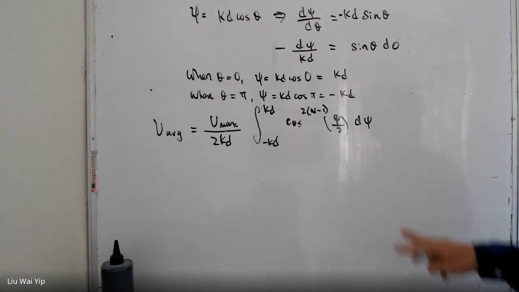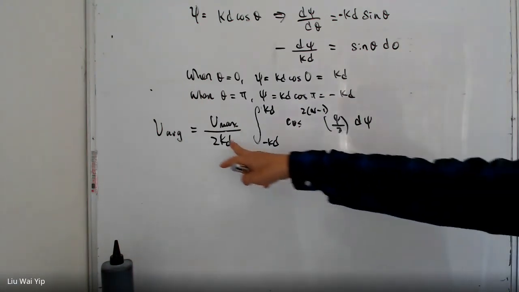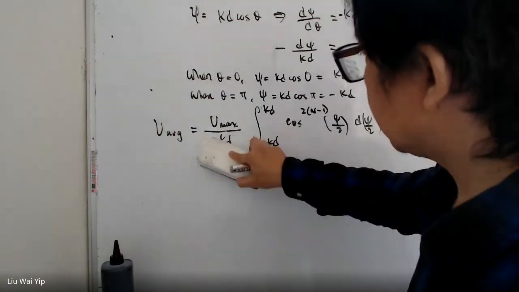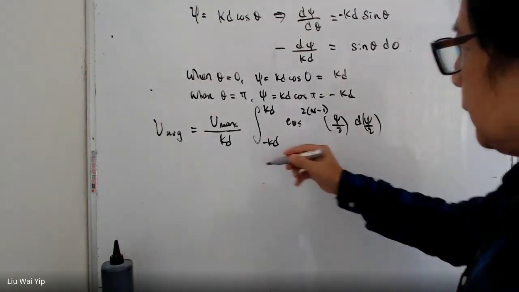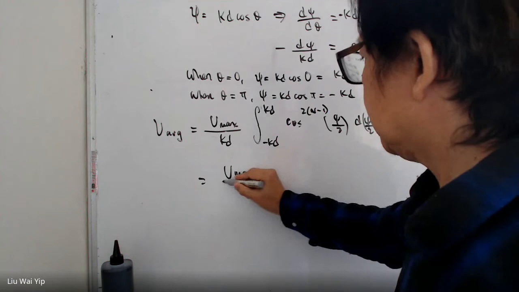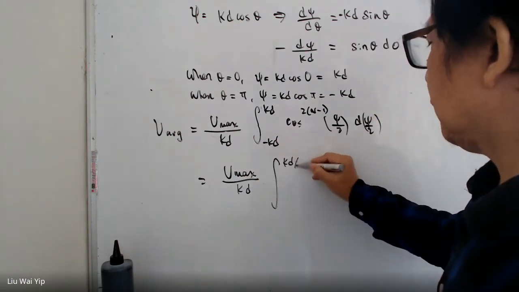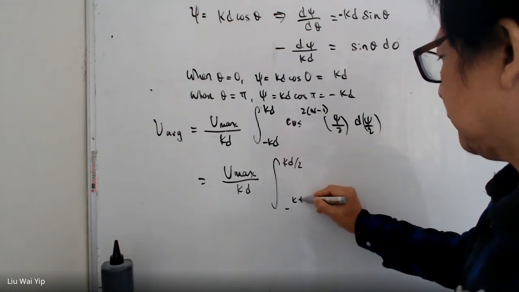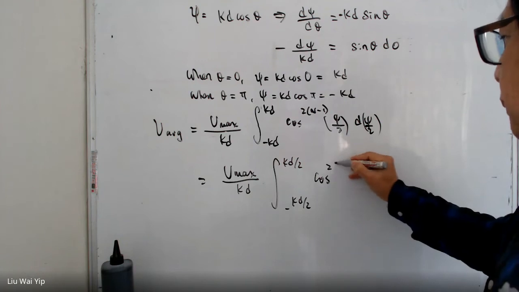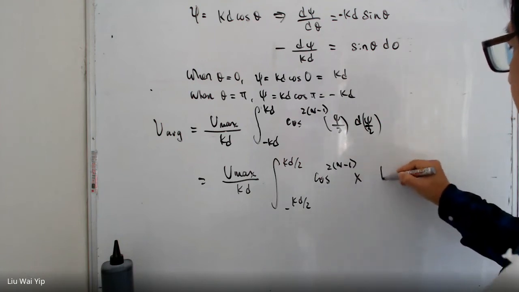So now the equations here become much more handleable. And we move this 2 into here. Then essentially we are going to have a function kd and then kd divided by 2 minus kd divided by 2, and then x and dx.